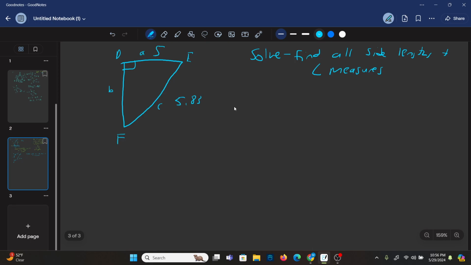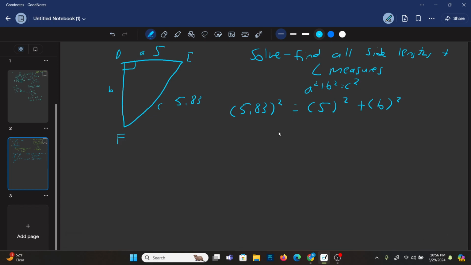So C squared equals 5 squared plus B squared, because the Pythagorean theorem is A squared plus B squared equals C squared.